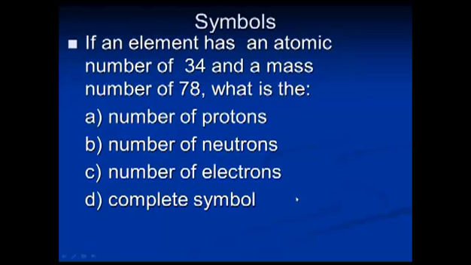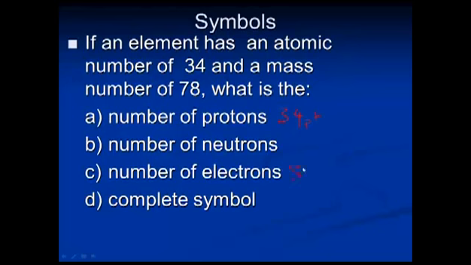Okay, so with this one here, this time you're not given a symbol. You're told the atomic number is 34 and you have a mass of 78. So your number of protons is the same as the atomic number. So since the atomic number is 34, my protons are 34.